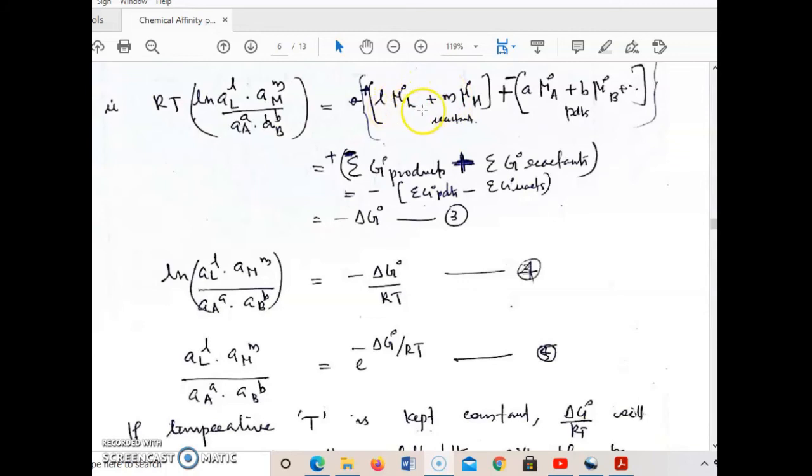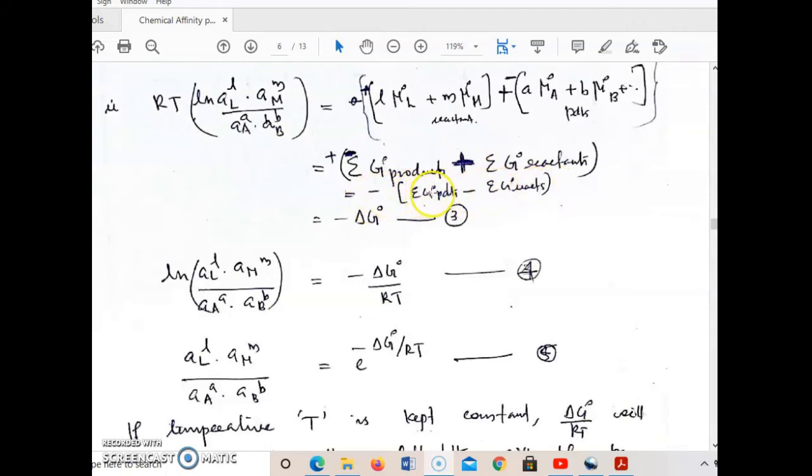And this can be taken as the sum of chemical potentials of products, or sum of free energy of products, and this is minus, plus what we have, the sum of chemical potentials of reactants, or sum of free energy of reactants. This is negative, this is positive. We can take the negative sign out, and we have sigma G0 product minus, it was already positive, so minus into minus is positive, so here minus sigma G0 reactant.